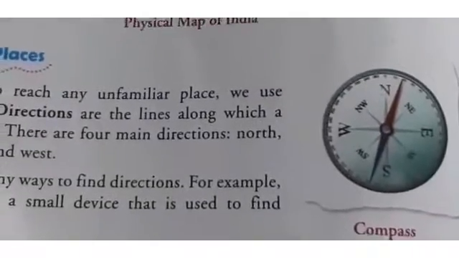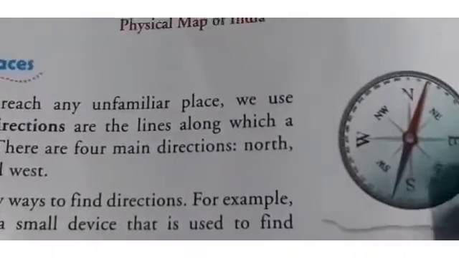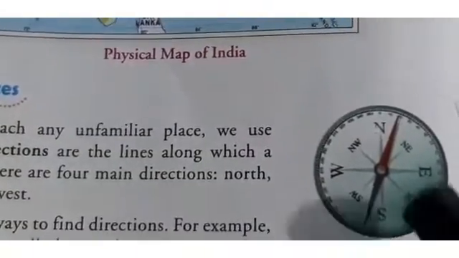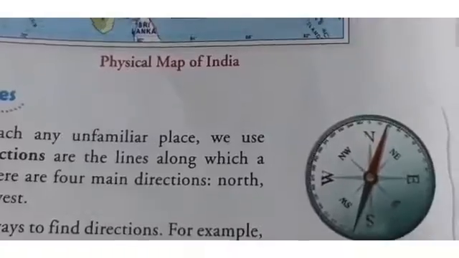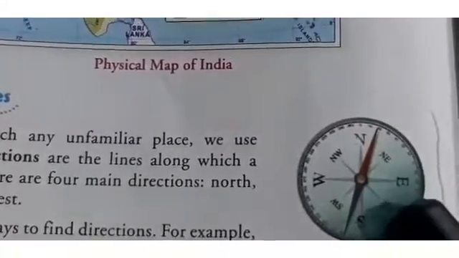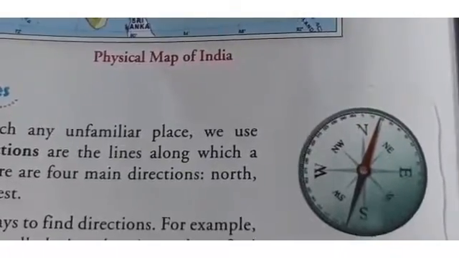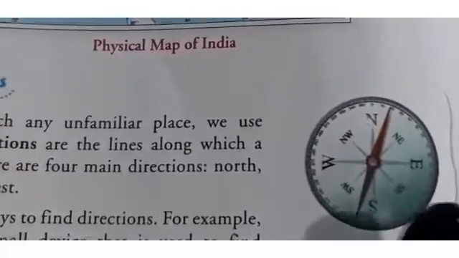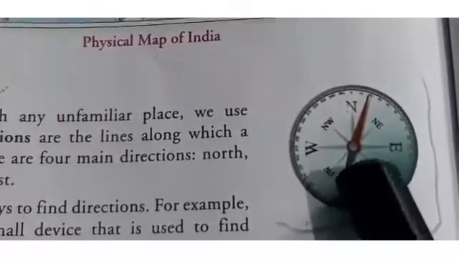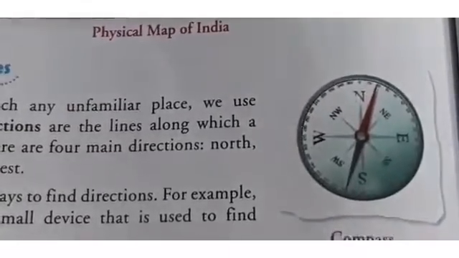The dial has all the directions like north, east, south and west, and all the sub-directions northwest, northeast, southeast and southwest. All the directions are marked on it. So this is called a compass. This is used to find the directions.